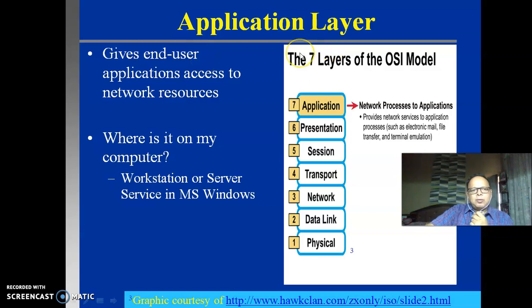So what is the main functioning of the application layer? The application layer gives end user applications access to network resources. So this particular layer, in fact, the end user applications like email or your browser or your FTP, file transfer protocol, where huge files are being transferred from one machine to another machine, this layer gives the access to network resources.